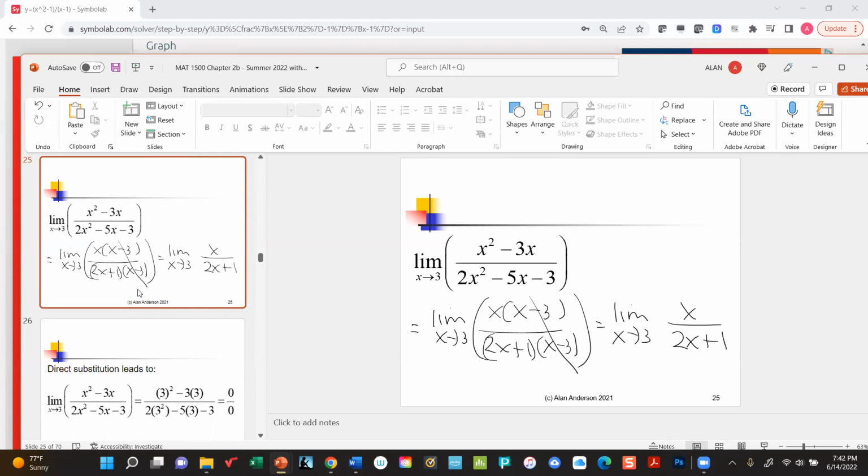Now we don't have any problems. We don't have to worry about zeros, do we? No. So we get 3 over 2 times 3 plus 1. We ultimately end up with 3 over 7.